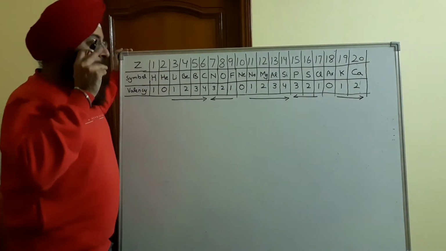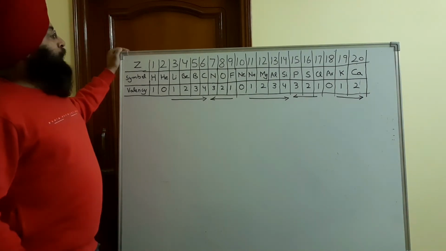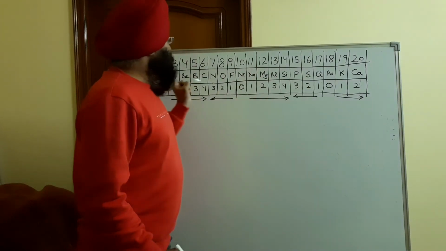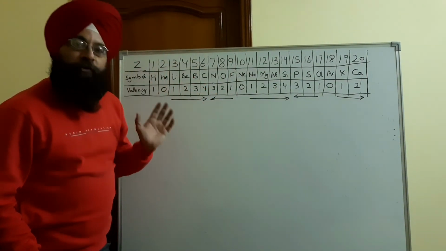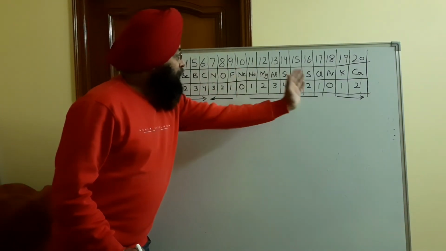And I am again repeating that it will be very helpful to you if you straight away remember the names and symbols of the first 20 elements in a sequence. It is important that you remember the names in the sequence.